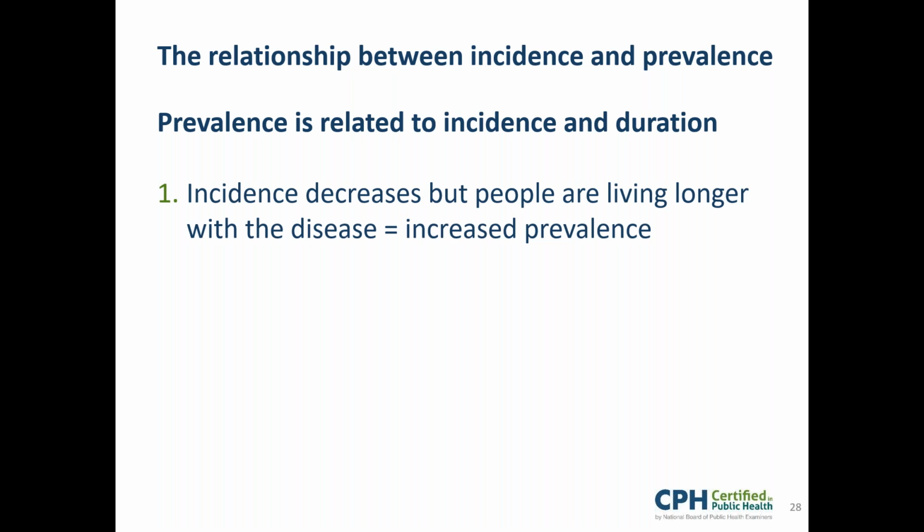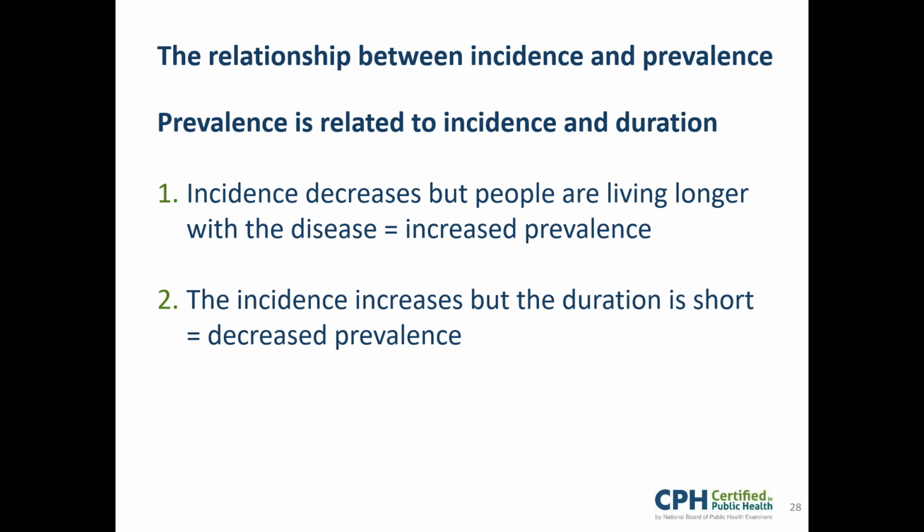The relationship between incidence and prevalence is also related to the duration of the disease. So the first thing we have to remember is that the incidence decreases. If the incidence decreases but people are living longer with the disease, that means our prevalence will increase.